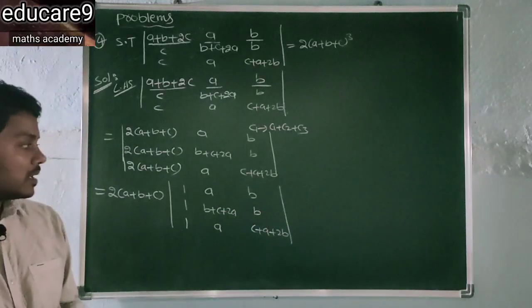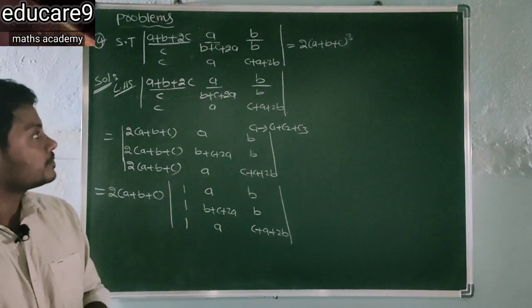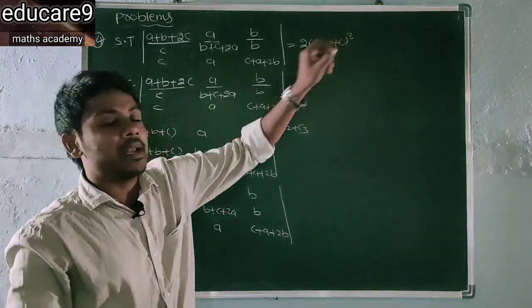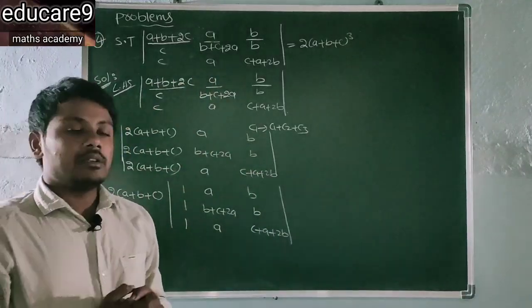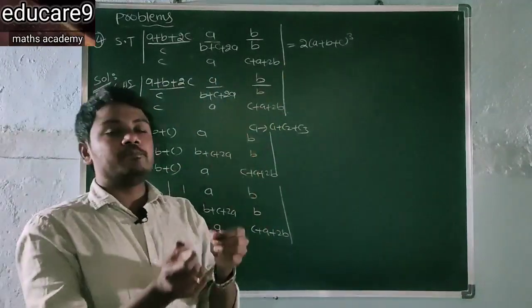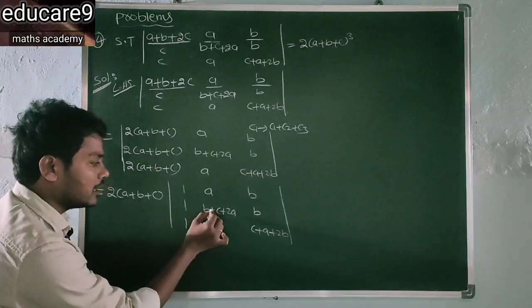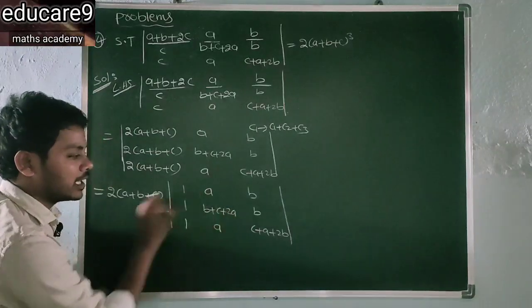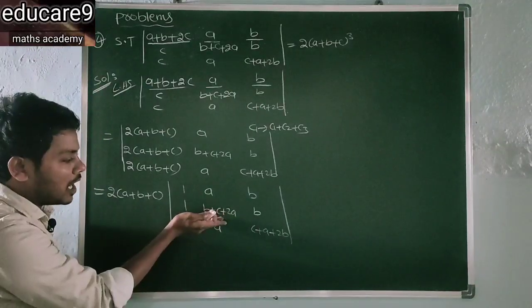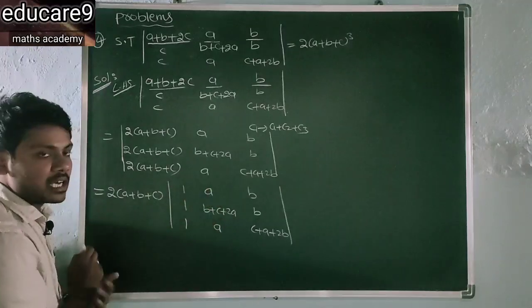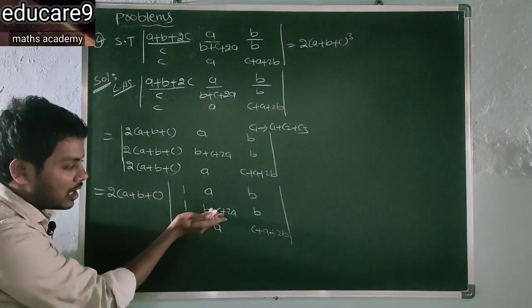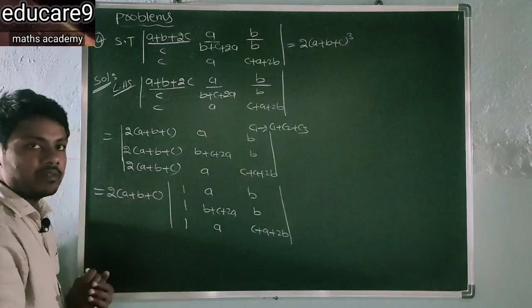Okay. Now see here, (a plus b plus c) whole cube is there. Again you want a plus b plus c. So for that, see here b plus c plus 2a, here a. So do R2 minus R1 or R2 minus R3. Anyone.